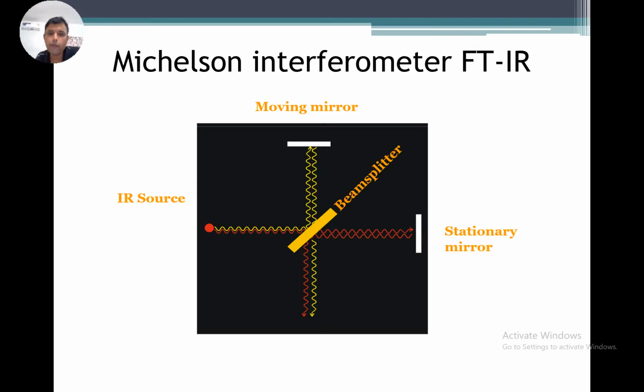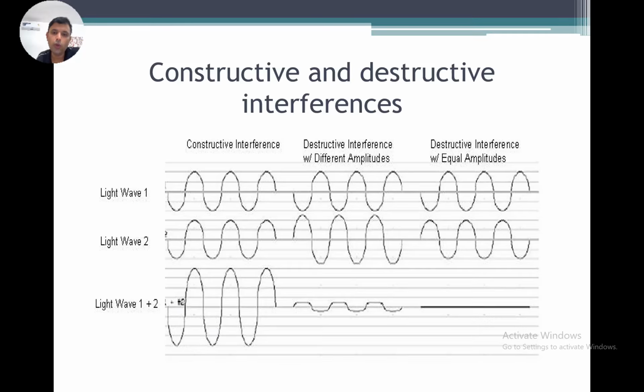Or else, if the phases are different based on the position of the moving mirror, sometimes the crest of ray 1, that means the radiation from the stationary mirror, is matching with the trough of ray 2, that is the radiation from the moving mirror, then destructive interference will happen. So this is the output.